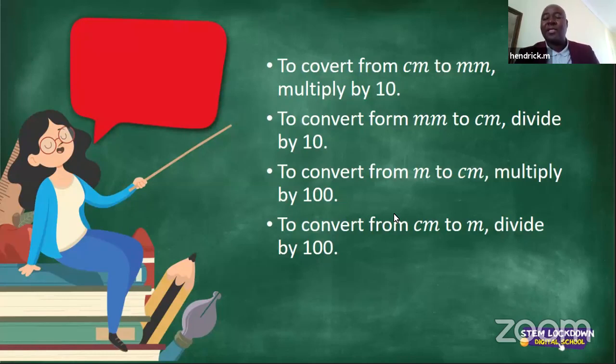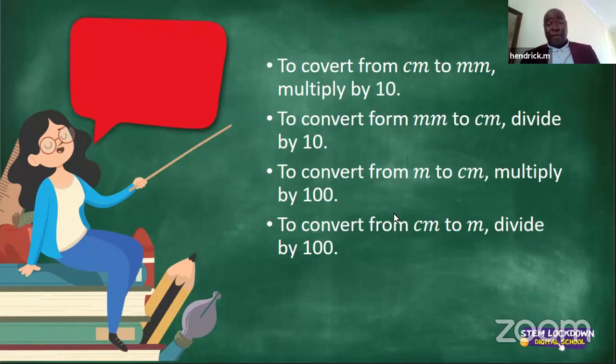Like if you take, for example, your ruler there, you'll be able to see that 1 centimeter is equal to 10 millimeters. So if you are converting from a centimeter to a millimeter, you have to multiply by 10, because 1 centimeter is equal to 10 millimeters.